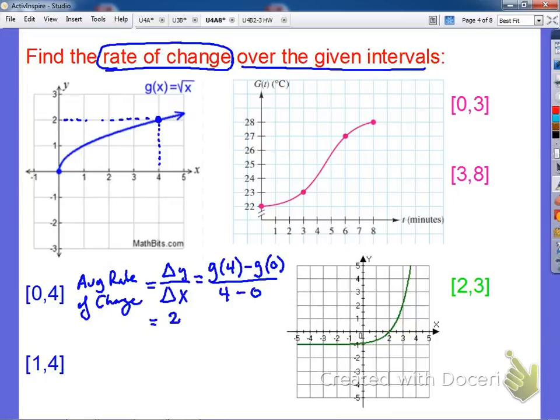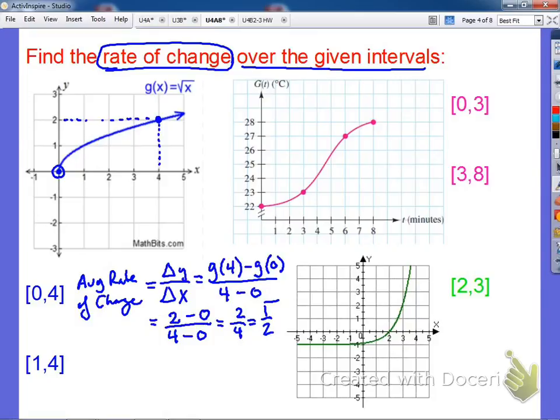And what is the y value when x is 0? What's the y value right here? 0. Now, 4 minus 0, so that's y2 minus y1 over x2 minus x1. Does this make sense? This is the rise over the run. The change in the y's divided by the change in the x's. So that is 2 over 4, which is 1/2.